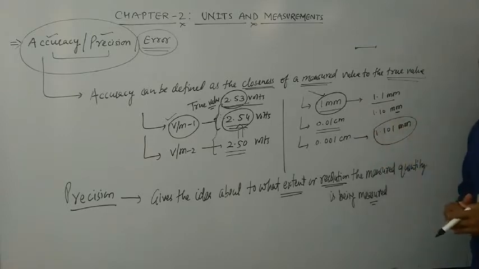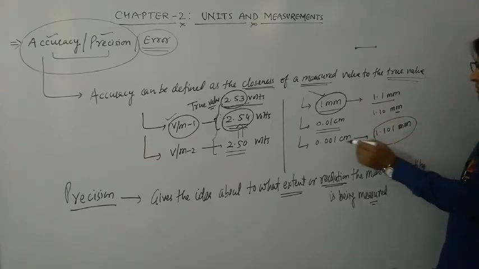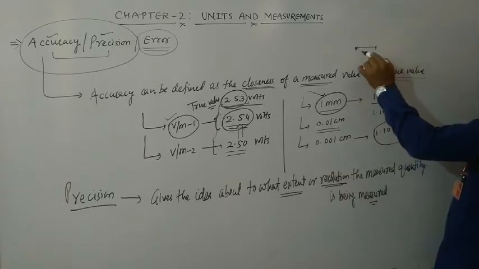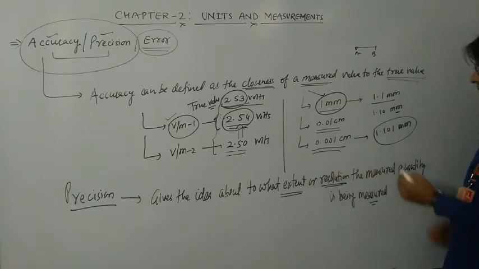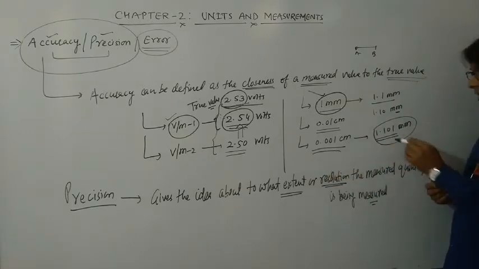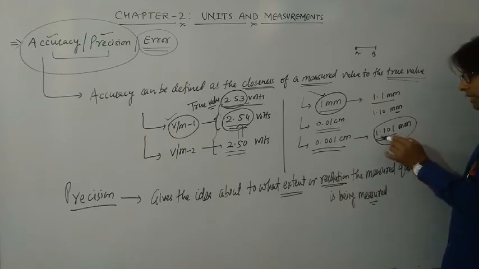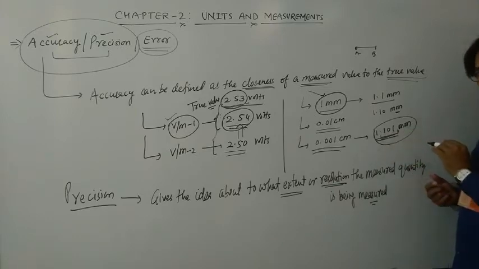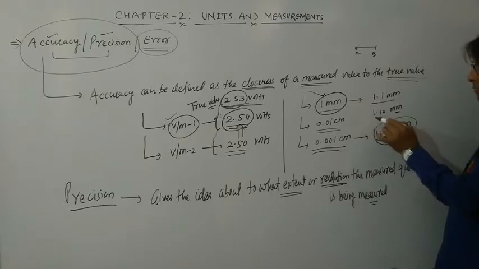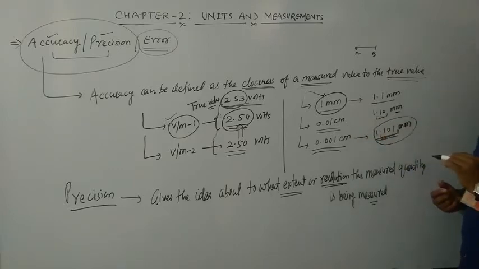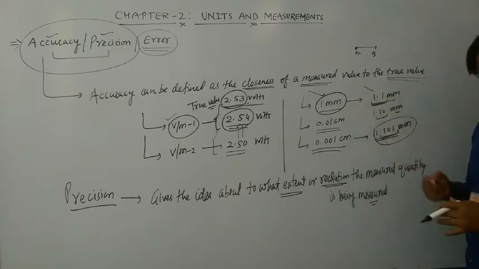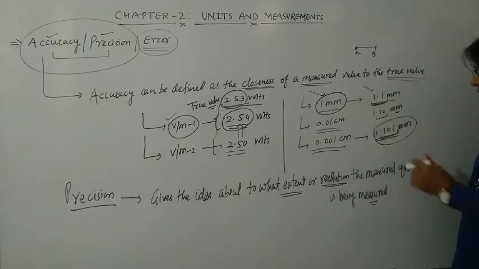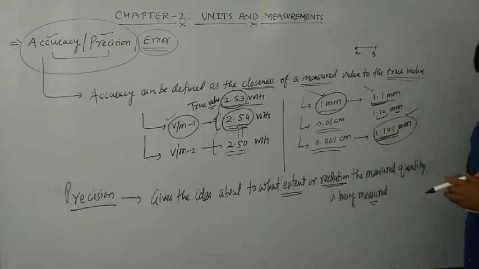We have measured the length between A and B using the screw gauge up to 3 decimal points, while using the vernier caliper we have measured up to 2 decimal points, and in this case we are just measuring up to 1 decimal point. So which measurement is more precise? You will say that this measurement is more precise.